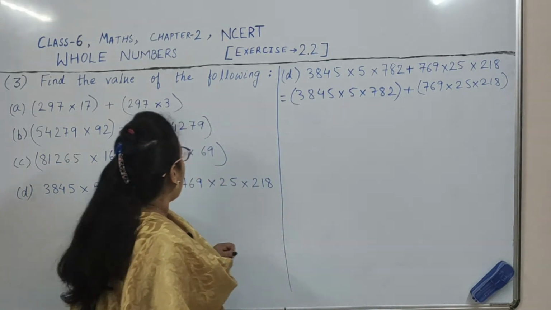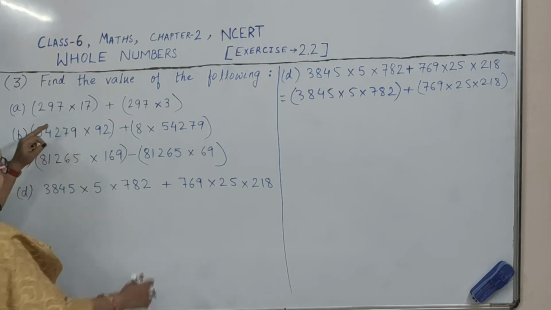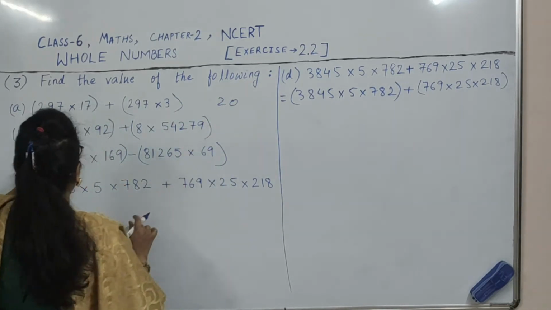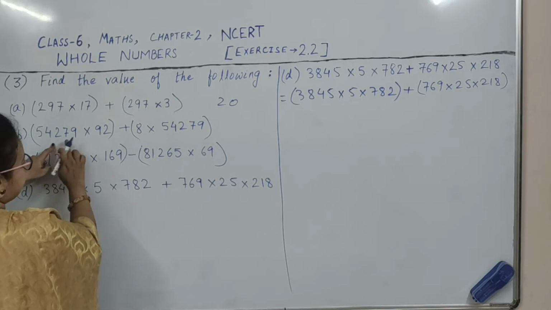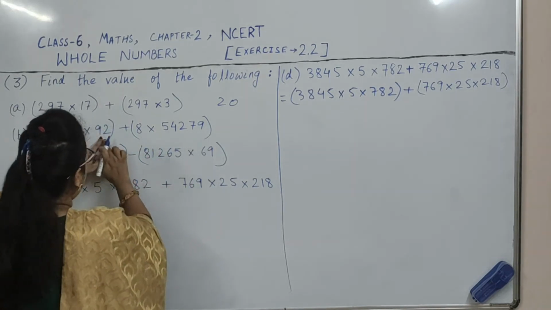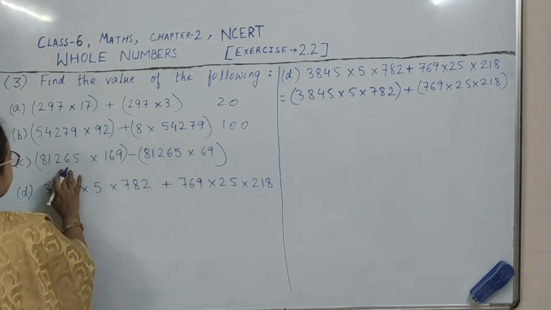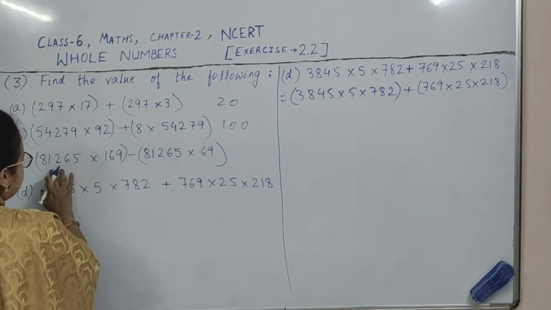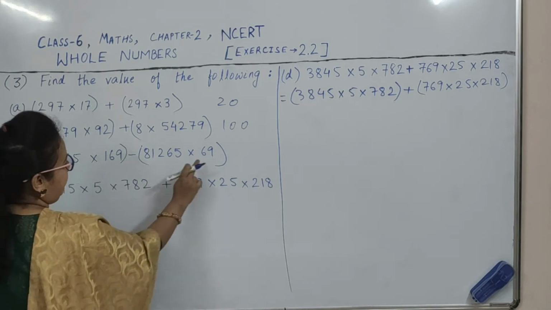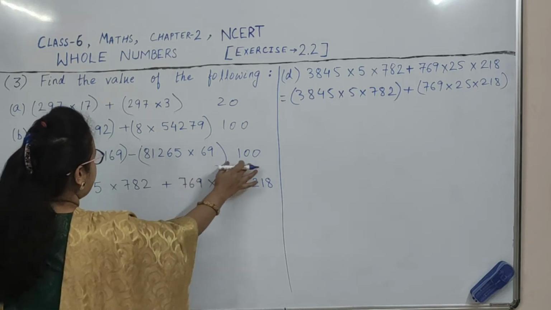Then what do we have to do? See, in these questions we took 297 common and inside the bracket we had 17 plus 3 which was 20. In this question we took out this common number and inside the bracket we had 92 plus 8 which was 100. Right, in this question we have this number common, and inside the bracket this minus this gave 100. Okay, 169 minus 69 was 100.